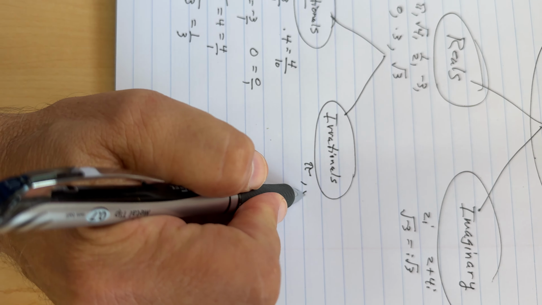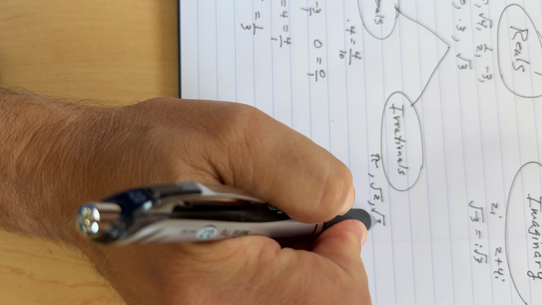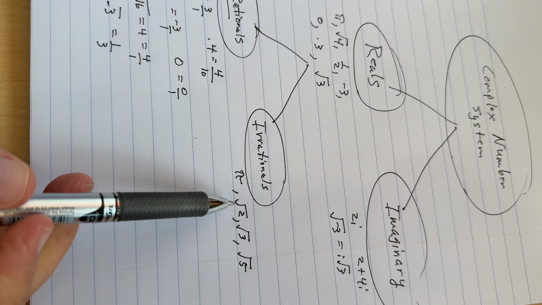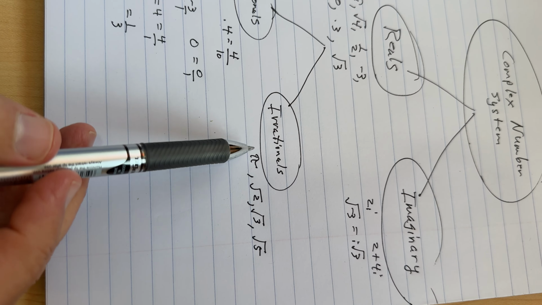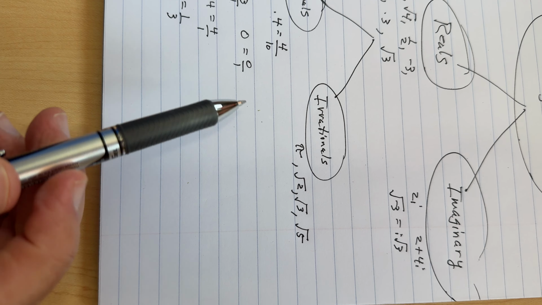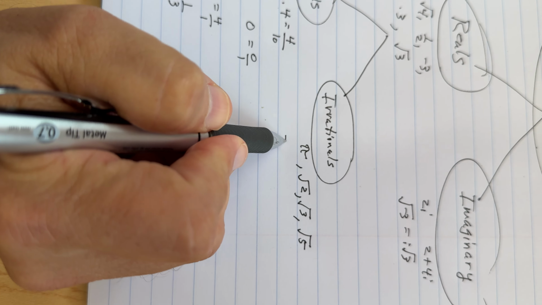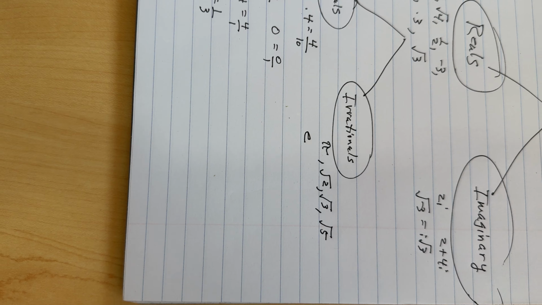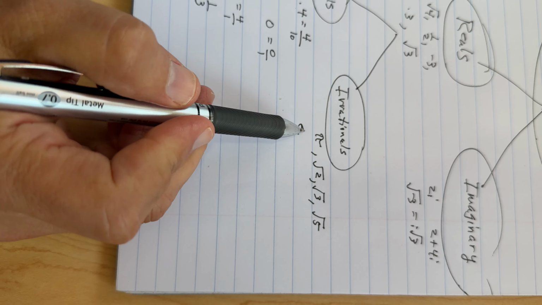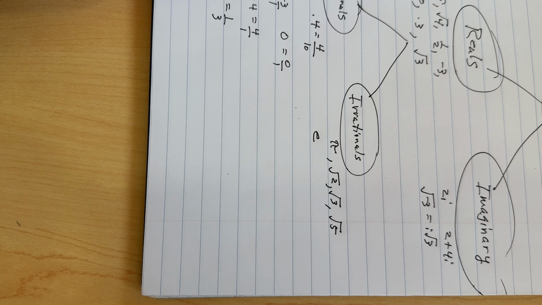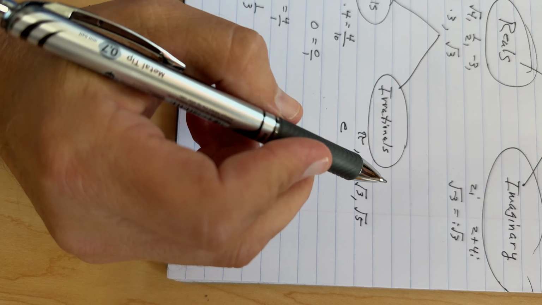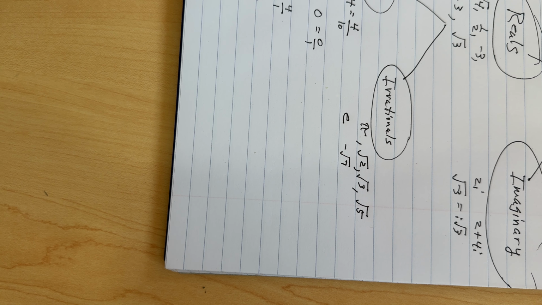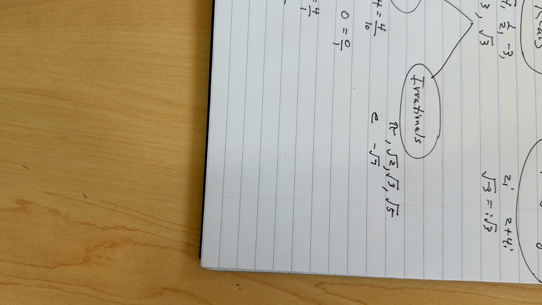But also square root of 2, square root of 3, square root of 5, any kind of radical that is not a perfect root is going to be irrational. Second very famous irrational number is the number e, which is about 2.72, but again, it's like pi, it goes on forever and never repeats. So you could have negatives as well, so like negative square root of 7, that would be irrational as well. So these are the big breakdowns.